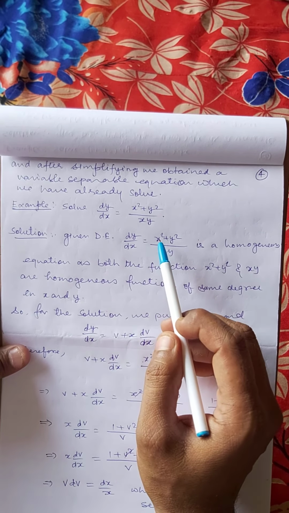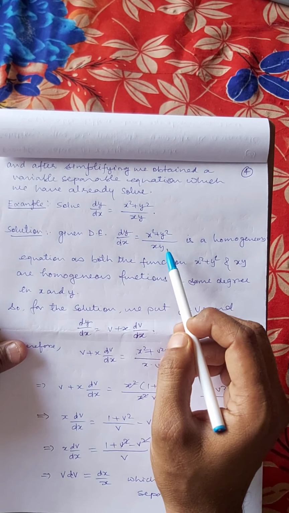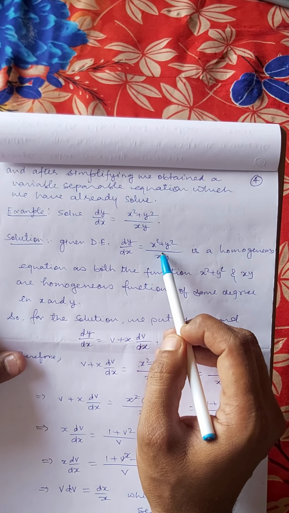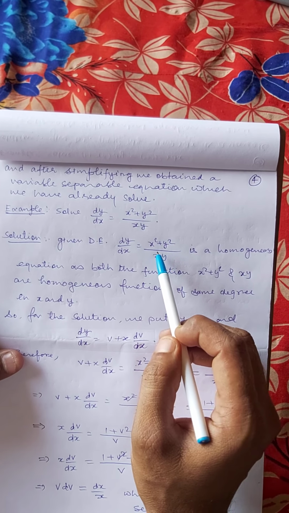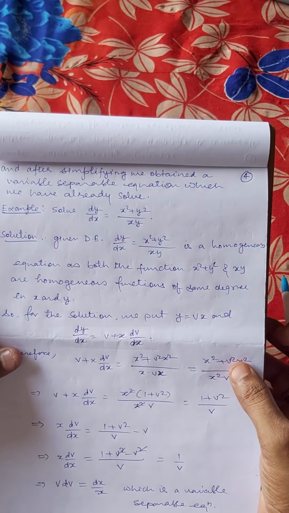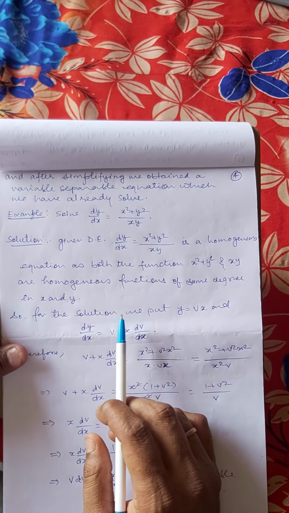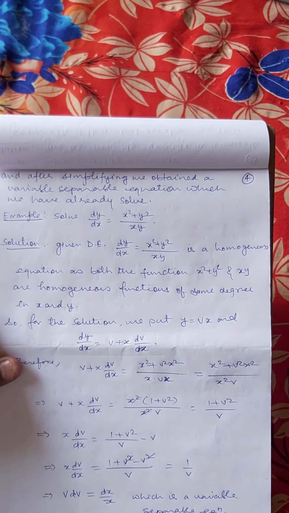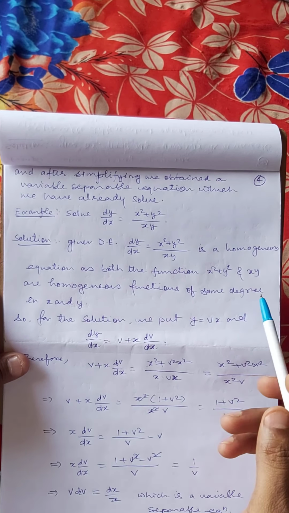Here x square has power 2 and y square has power 2. In the denominator there is only one term, xy, which has degree 1 plus 1, and adding both degrees we obtain 2. Okay, now I think you got the idea how you can check a homogeneous function.